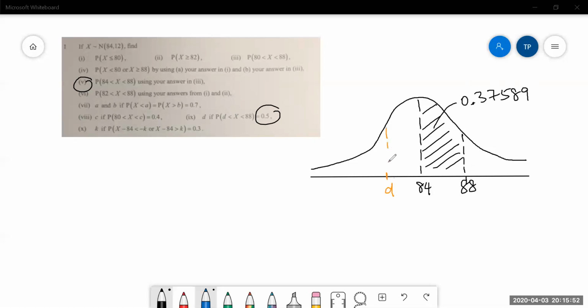So it's the same concept again. You know that this whole portion here is 0.5, correct? So 0.5 minus 0.3758 gives the probability of X bigger than D, smaller than 84.